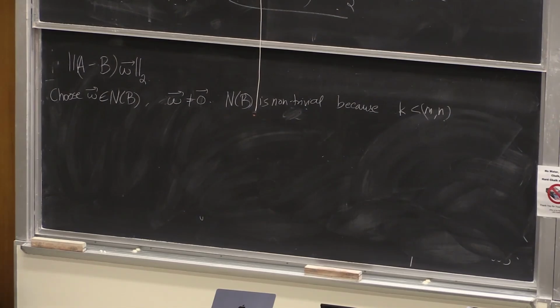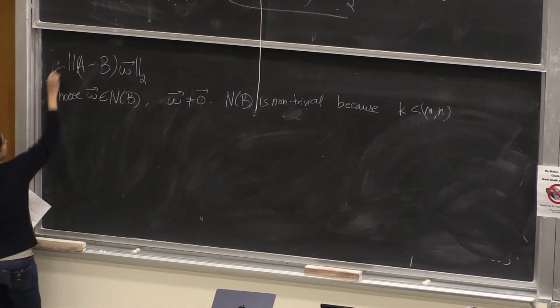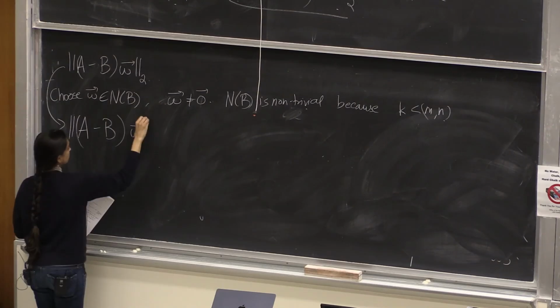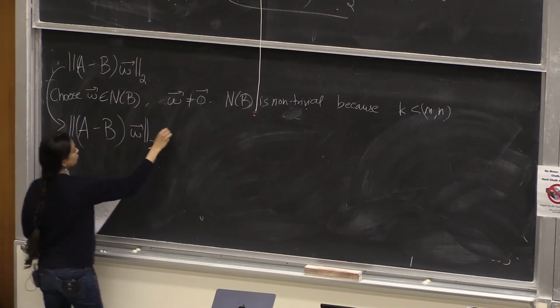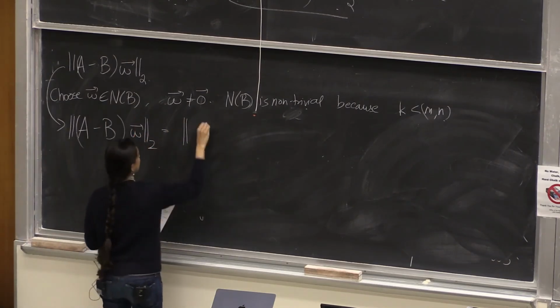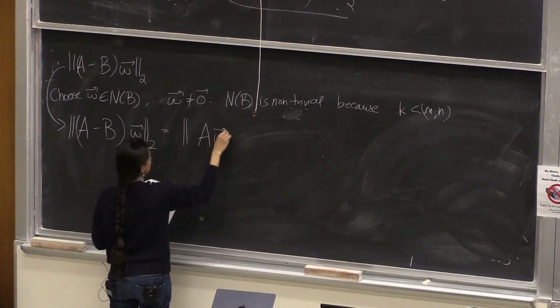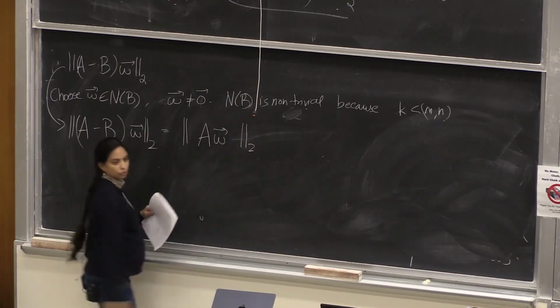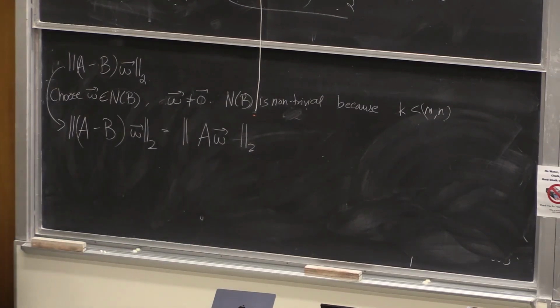So if we have this property, then I have the 2 norm of A minus B times W is equal to the 2 norm of AW minus 0, just given that we've chosen W to be in the null space of B. Okay?